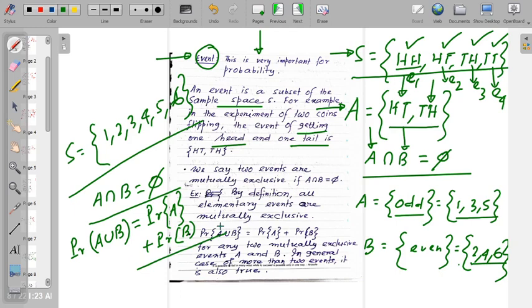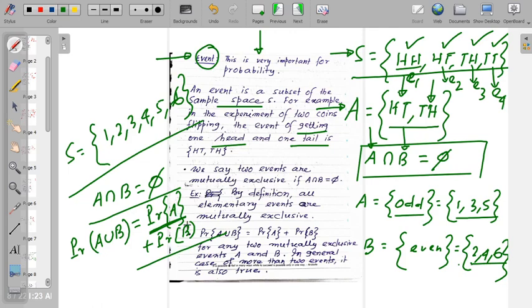So the probability of A union B is defined as the probability of A plus the probability of B. Otherwise, the common part we have to subtract away. So as A intersection B is null, we have the probability of A union B equal to this.